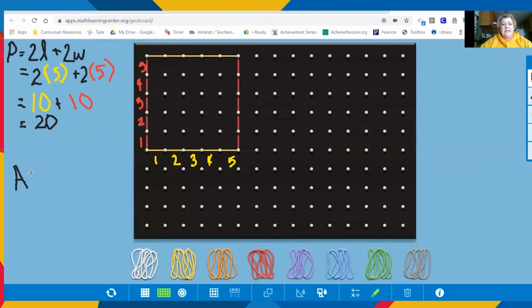Area is the length times the width. The length times the width. And we have already found how long and how wide our rectangle is. So let's look at it again. It is 5 squares long.